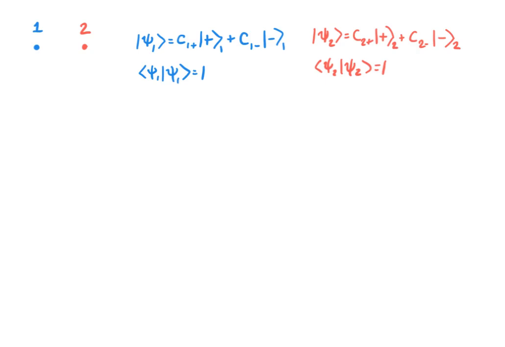And again, because the pluses are different because they refer to different particles, we actually have 4 basis vectors of our combined system, because we have to account for the various combinations of 1 plus, 1 minus, and 2 plus, and 2 minus, right? Because particle 1 could be plus, and particle 2 could also be plus, or 1 could be plus, and 2 could be minus, and so on.